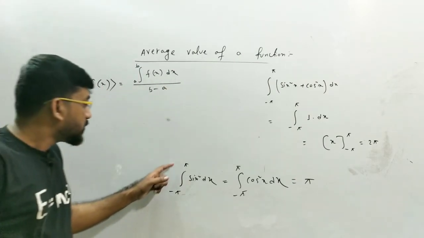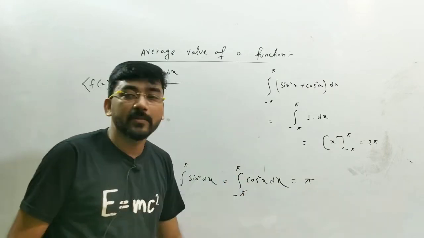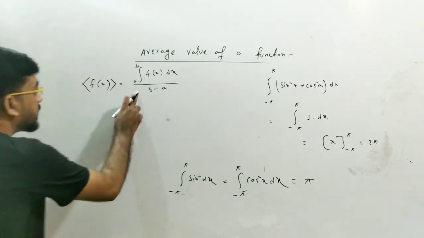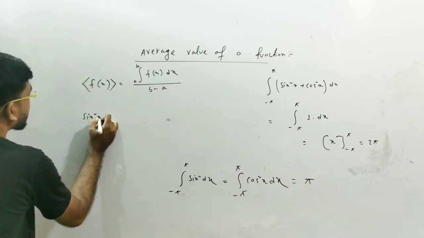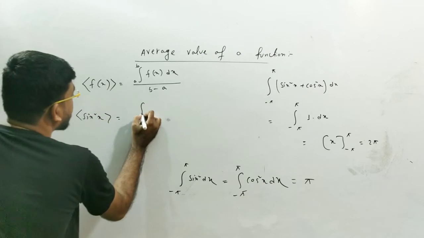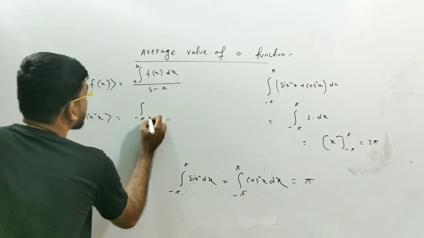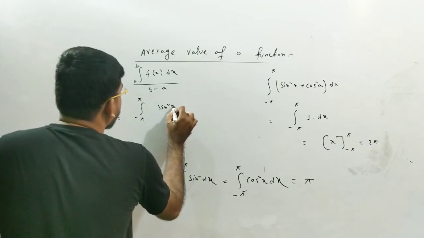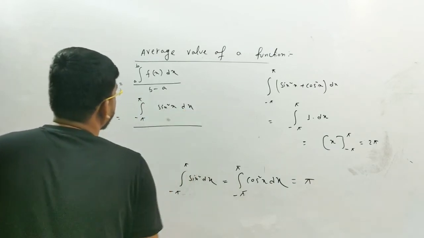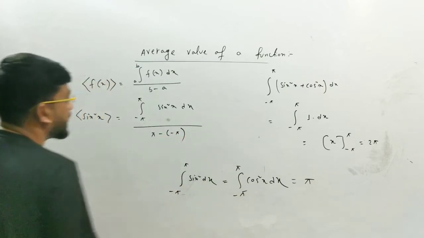So minus pi to pi sin square x dx and minus pi to pi cos square x dx, you will get pi. So what will be your average value? The average value of sin square x is nothing but the integration in the interval minus pi to plus pi of sin square x dx divided by pi minus of minus pi, that is b minus a.